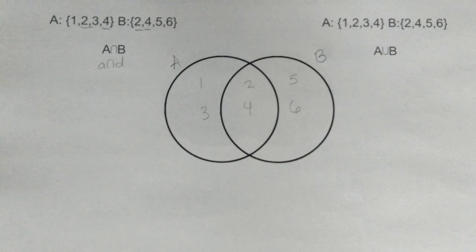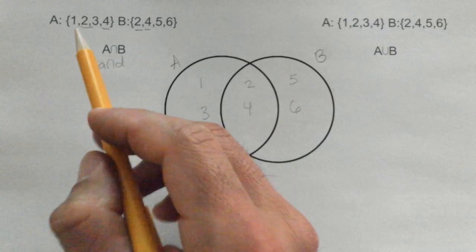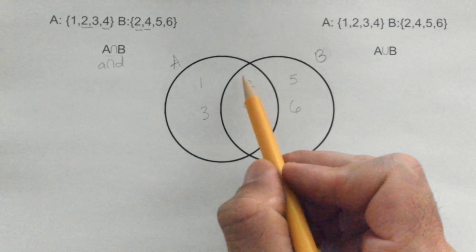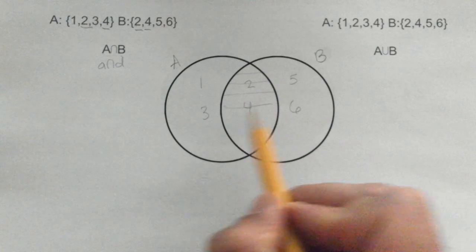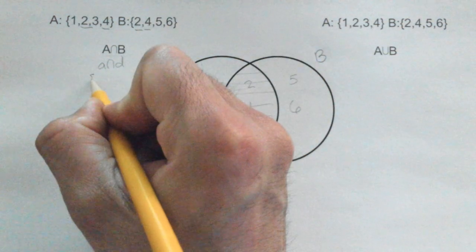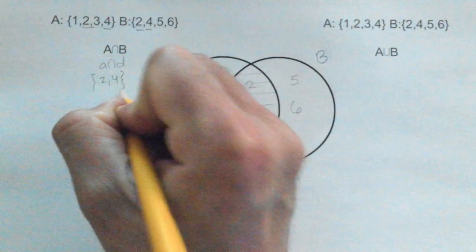Now, if I'm looking for the intersection, I'm looking for the part that overlaps. What do these two sets share in common? Well, they share the 2 and the 4. This is the intersection of the sets. So the set here involves 2 and 4 for the intersection.